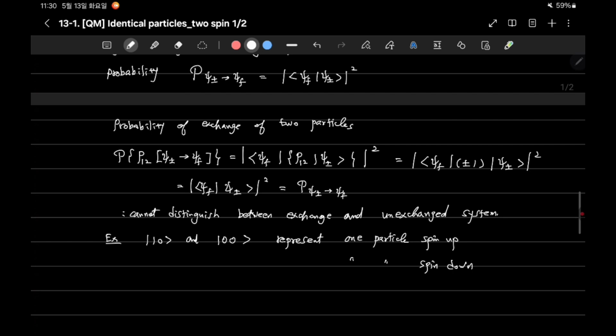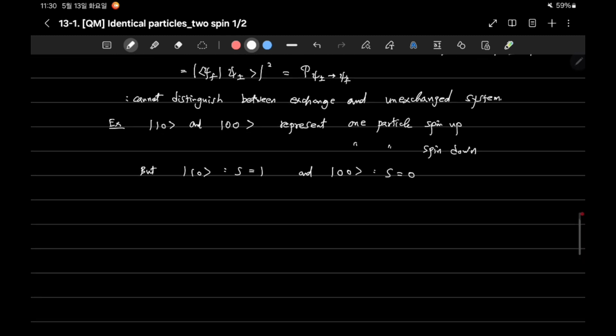But here, the 1 0 state has S equal to 1, and the 0 0 state has total S equal to 0. So in this case, there is the symmetrization postulate.